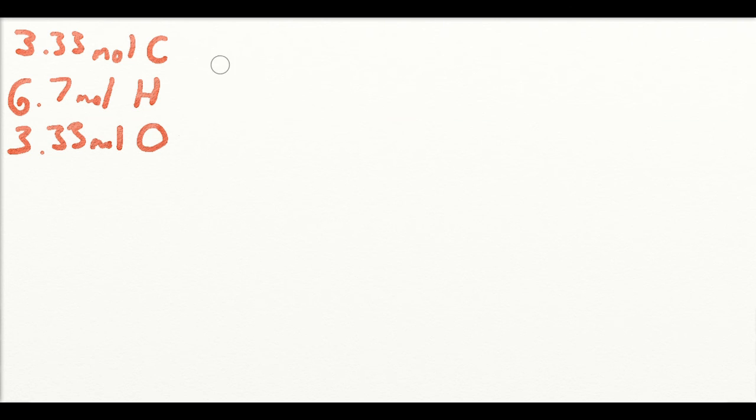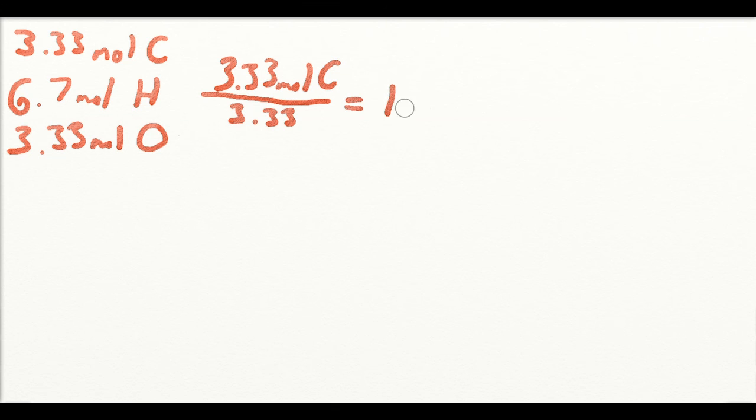So for the first one, we are going to do carbon, so 3.33 mole of carbon over that of just simply 3.33 will give us that of 1 mole of carbon.